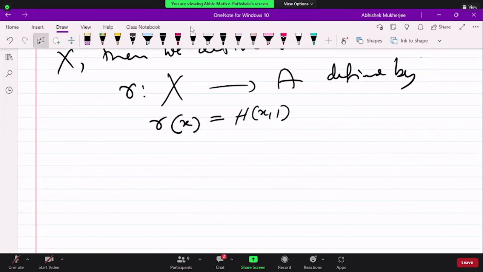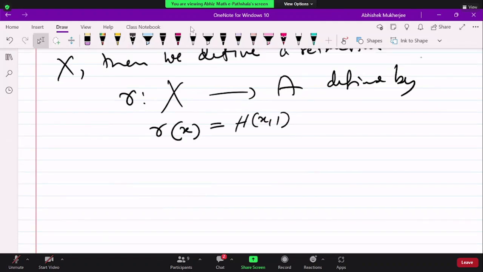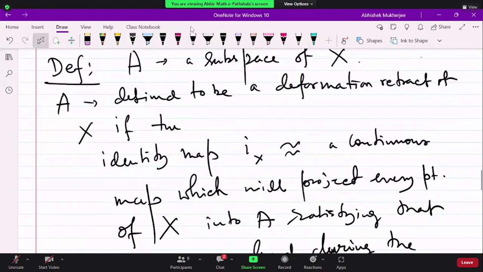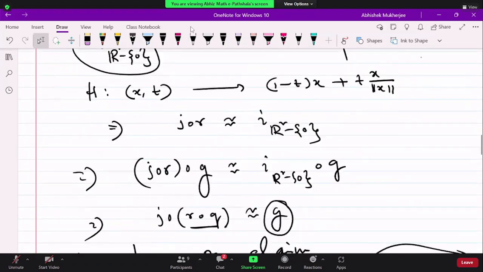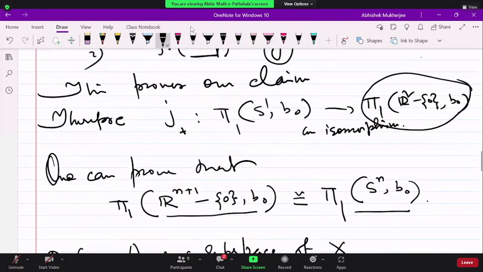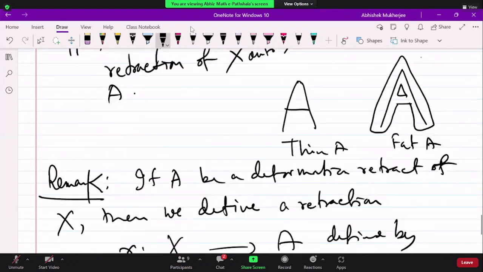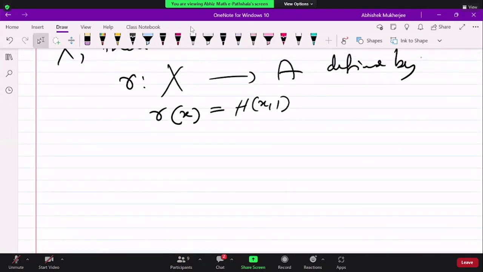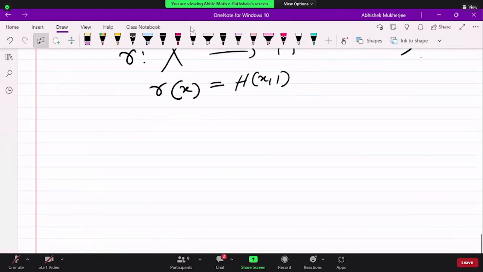So from this retraction, now you can make a comparison for that example given in the punctured plane. This J compose R and this identity map. Now you have this retraction R. So that means you are going to set up a homotopy between J compose R. What is J?